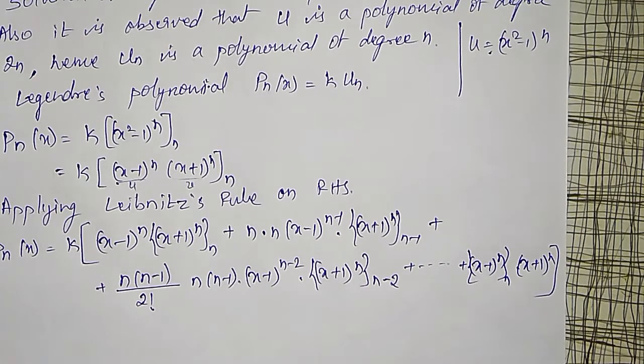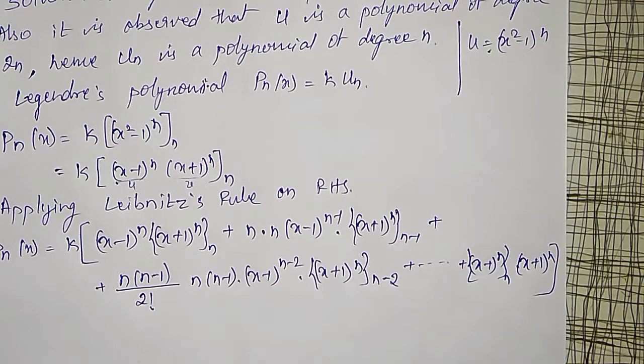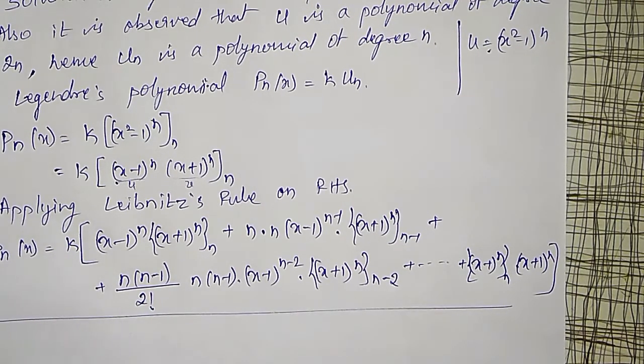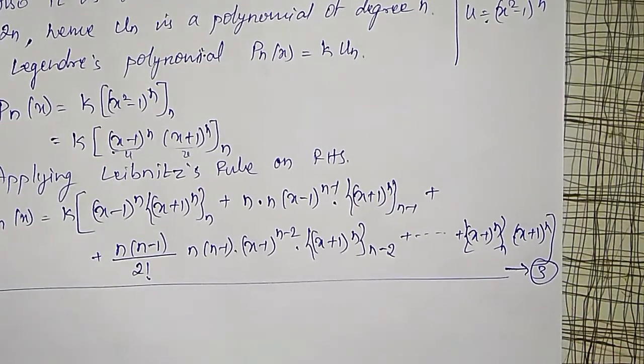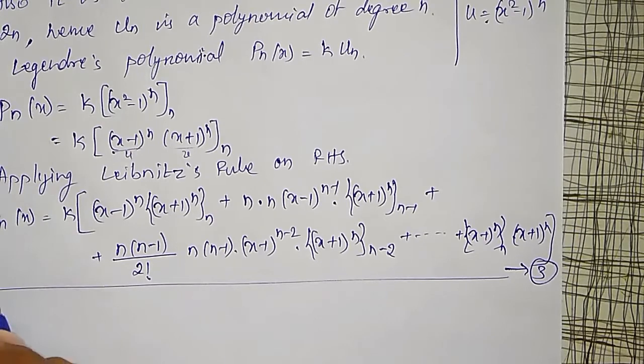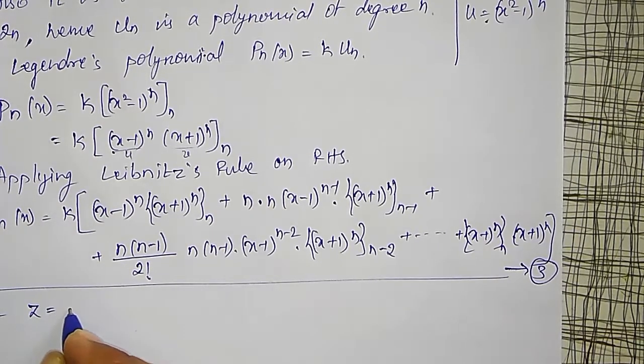Now, let me call this equation number 3 for my reference. Let z be equal to (x minus 1) raised to n.